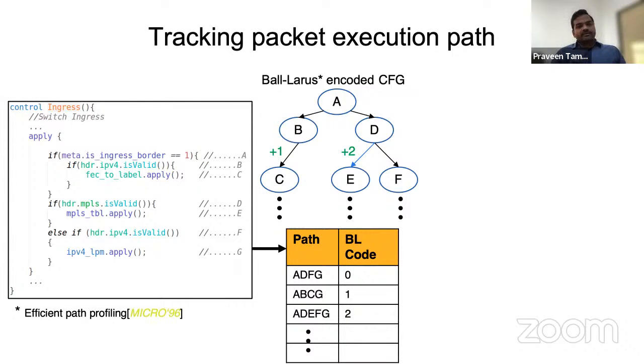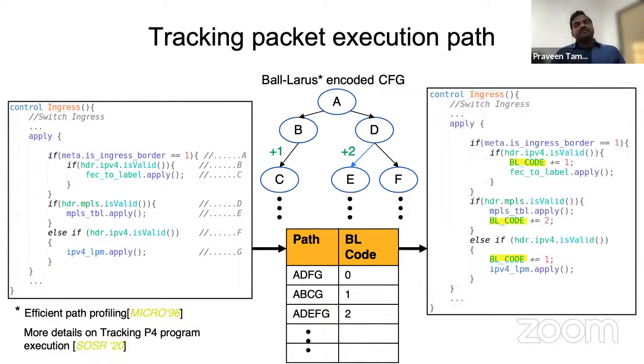To be more specific, you can see a P4 program on the left-hand side that has MPLS and IPv4 tables. And on the right-hand side, you see the annotated P4 program with the appropriate BL codes that are added to the BL code variable as it executes that particular block or if condition.